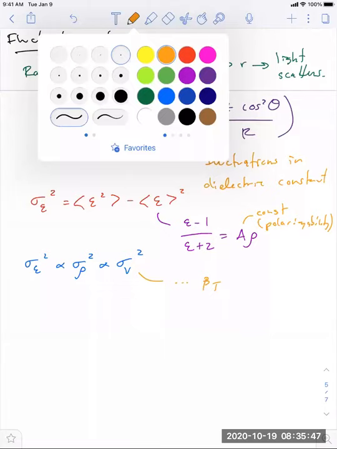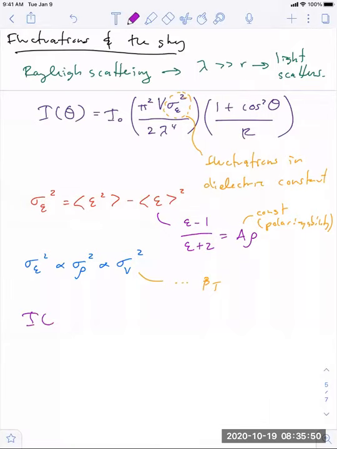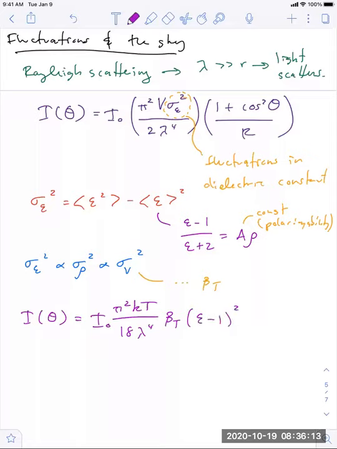So without going into all of the details, which are not super important, we can show that this intensity is then related to the incident intensity, pi squared kT, divided by wavelength to the 4th, isothermal compressibility of the atmosphere, and then these terms that arise from converting from dielectric to density. And then all of this again times this cosine theta term.